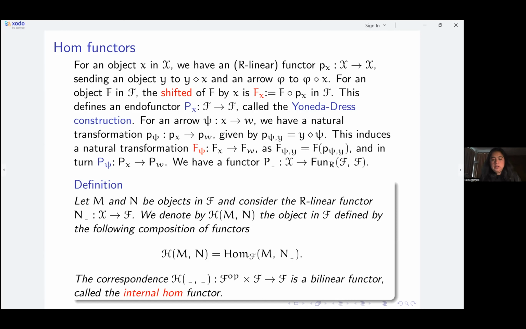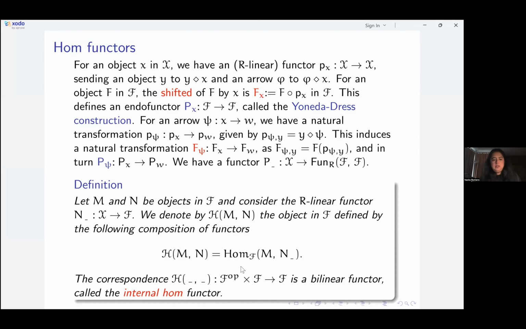So this construction now defines a bilinear functor from here to here that we call the internal Hom functor. I say we call it the internal Hom, but it's not only that we call it that way, it is the internal Hom. What I mean by this is that the tensor product I didn't define before has this as a right adjoint. So this is actually an internal Hom in this category.